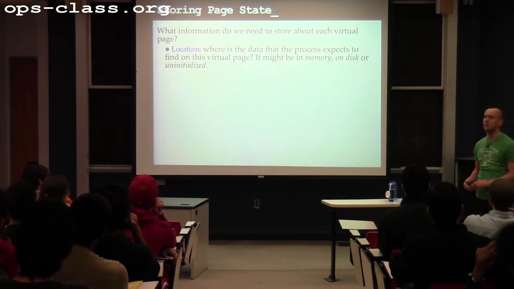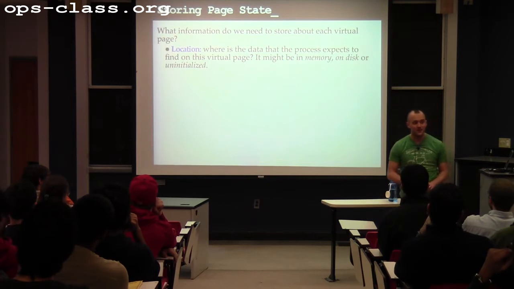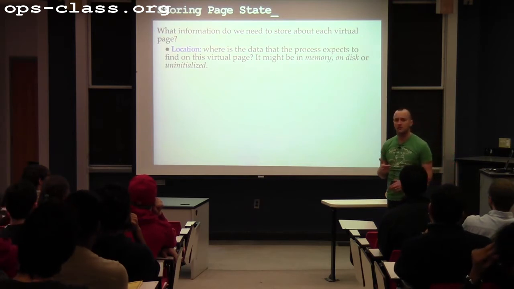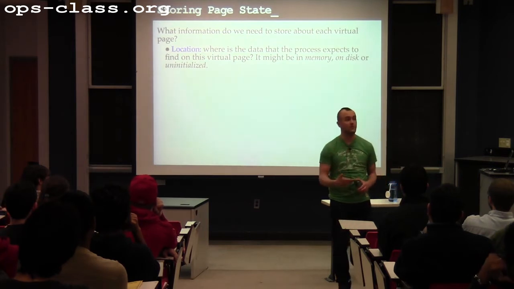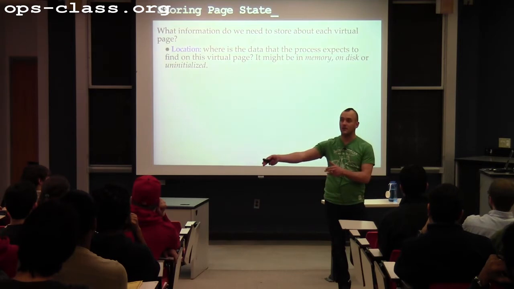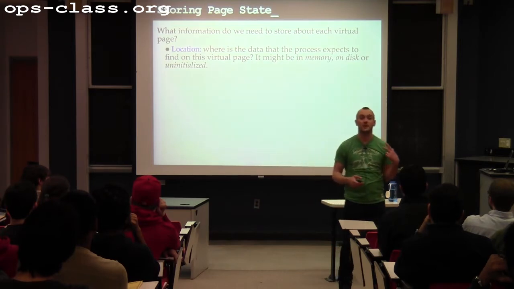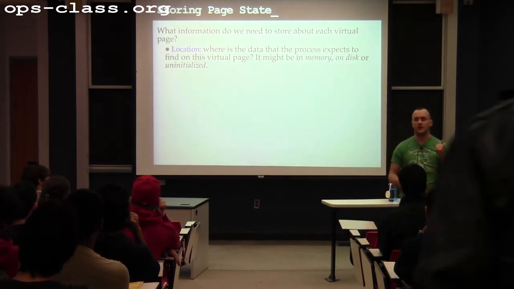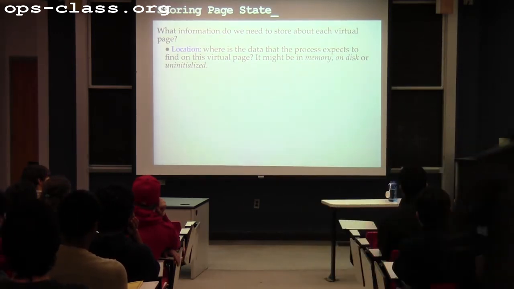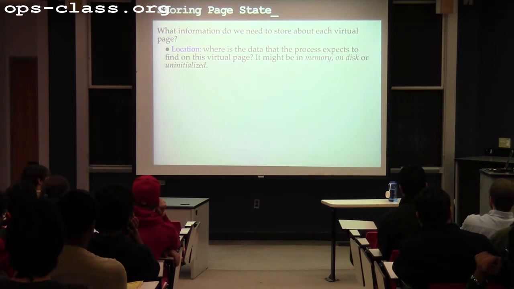We're going to talk today about cases where it might have been moved to disk. There's also a third case here. There's times where the process has requested permission to use virtual addresses, and those virtual addresses are allocated by the kernel, but actually they're not backed with anything. There's no data for those addresses either in memory or on disk. Why would I do this? And what's an example of a case where this might happen?